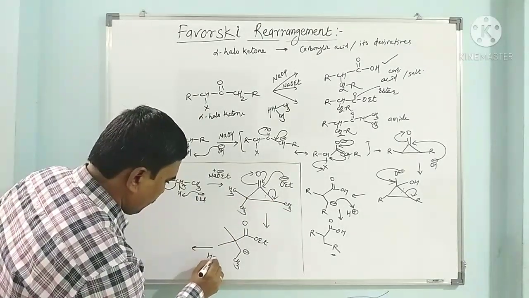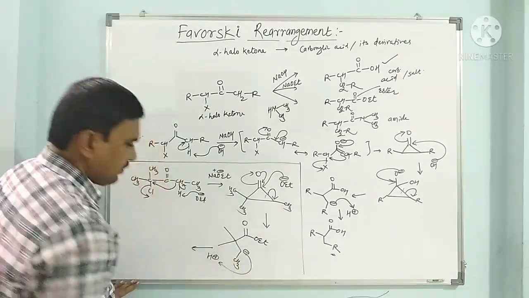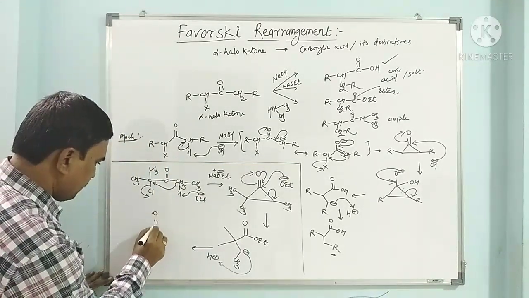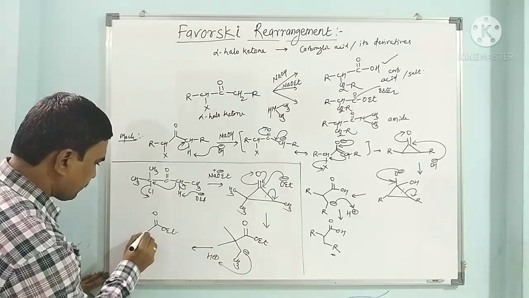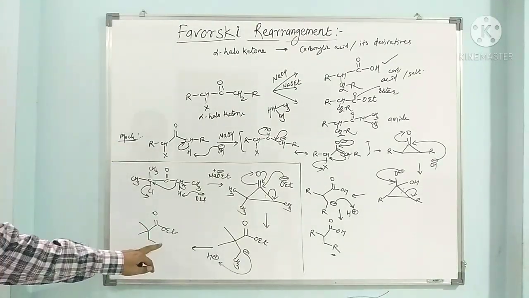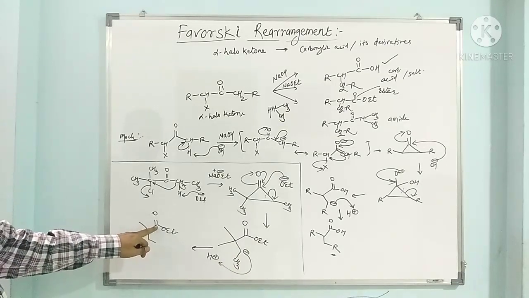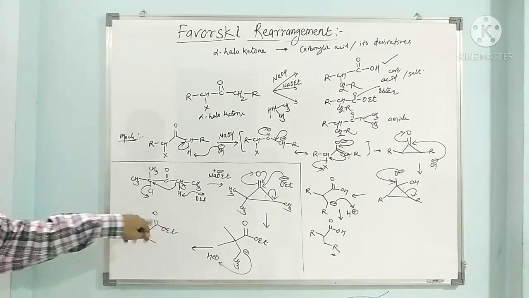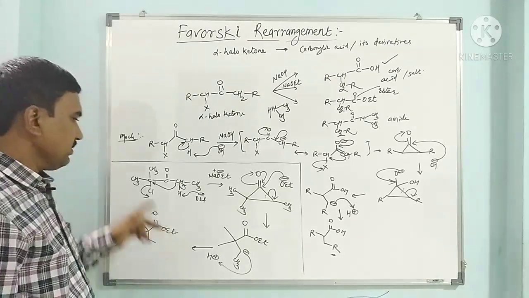Now this takes a proton, it accepts a proton, and we get the product COOEt ester, methyl, methyl, here there is ethyl. So in this way 1 2 3 4, so this is ethyl butanoate, but this is ethyl 2,2-dimethylbutanoate that is obtained from this.